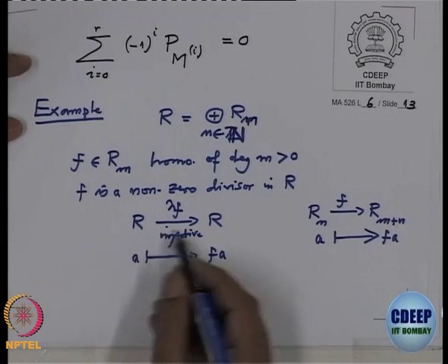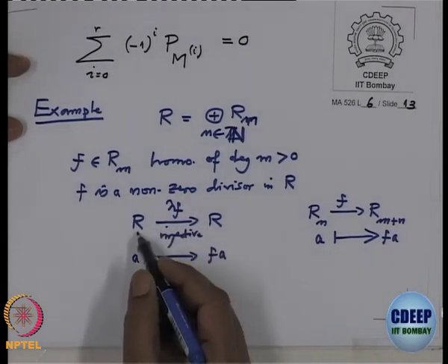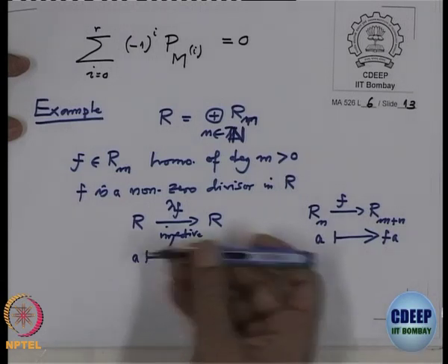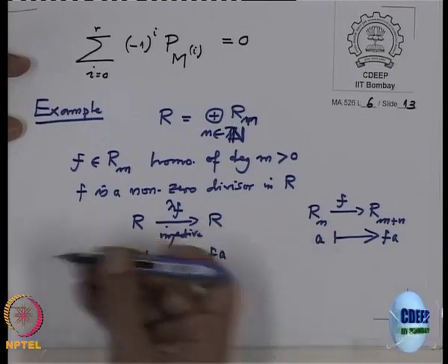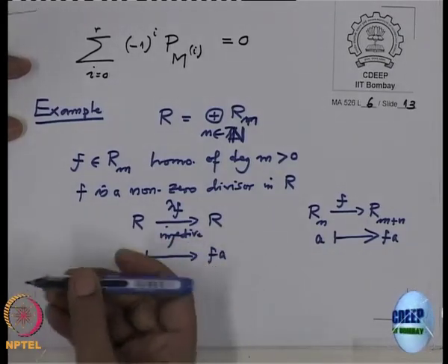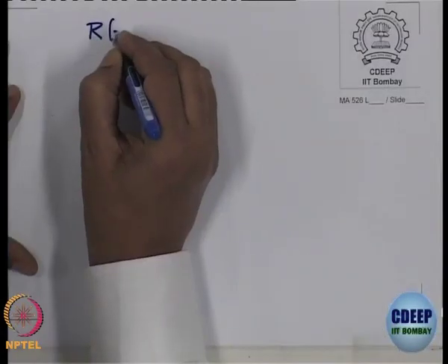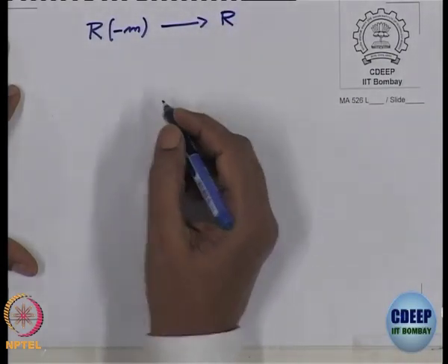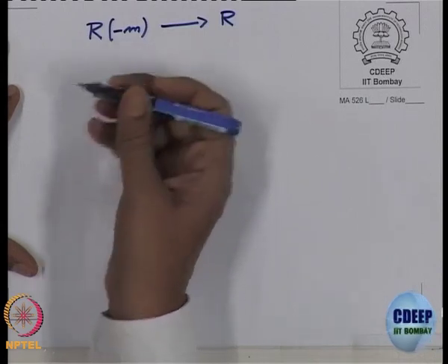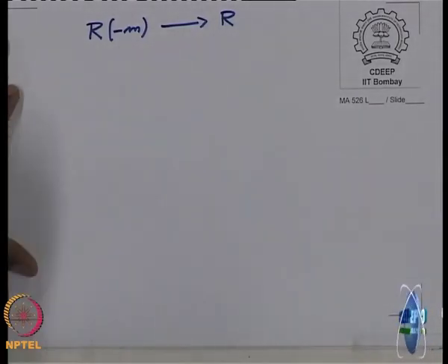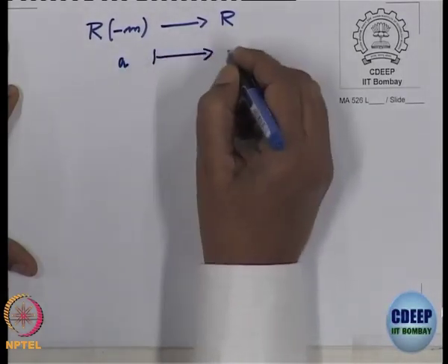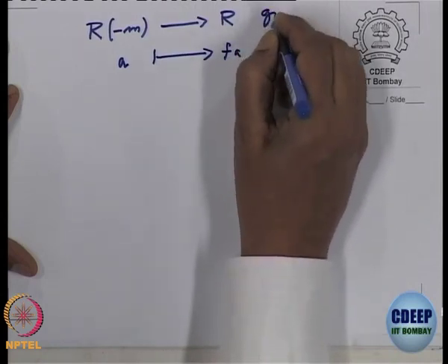If I still want to think of multiplication by f as a graded homomorphism of graded modules, then to put the correct degrees, I should shift this R to the left side, so that it becomes homogeneous of degree 0. So I have to consider R(-m) going to R. The homogeneous components are shifted to the left side, and now this is a graded homomorphism.